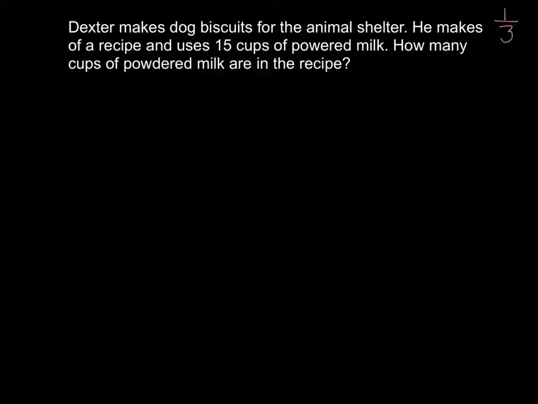All right, so when I'm thinking about this one, I'm thinking, okay, I have x amount of cups of powdered milk in the full recipe. And he is going to make 1/3 of that, so I multiply by 1/3, and then that's going to give me the 15 cups that are left over.